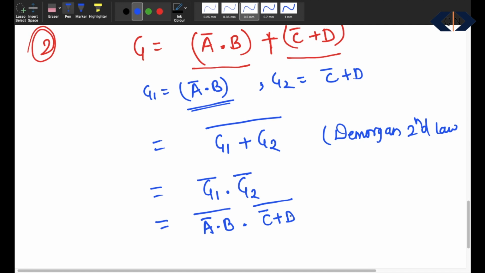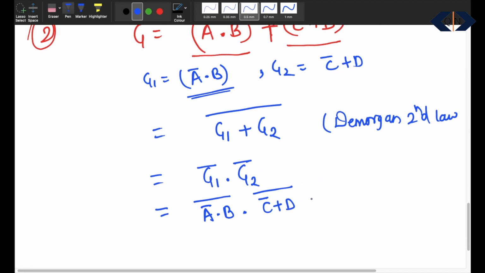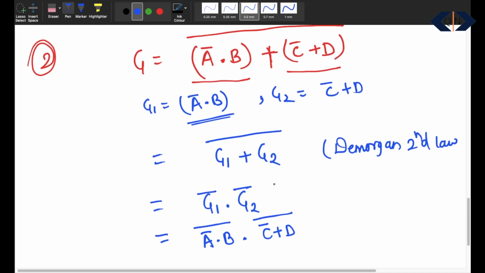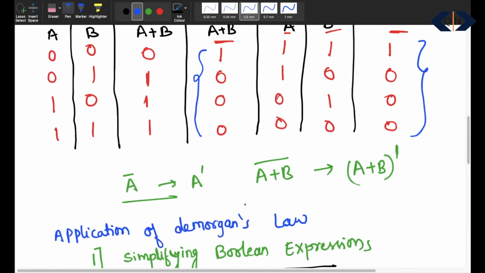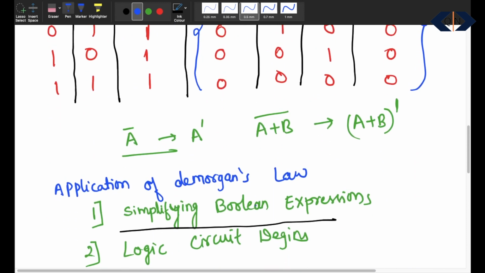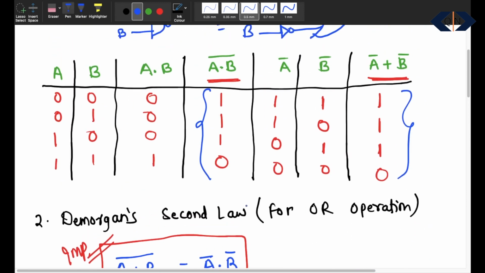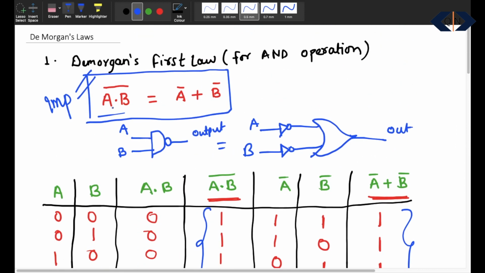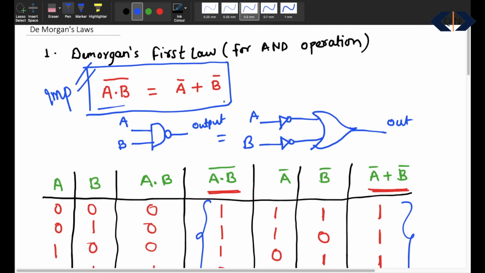Yup, definitely. Now see, can we simplify it further? Definitely we can simplify it further, right? If we see, we have De Morgan's first law: (A dot B) bar equals A bar plus B bar, right?